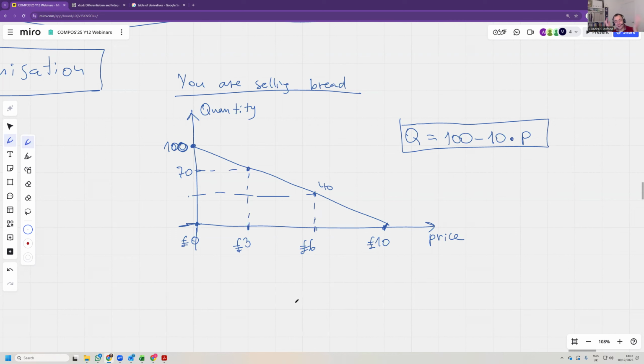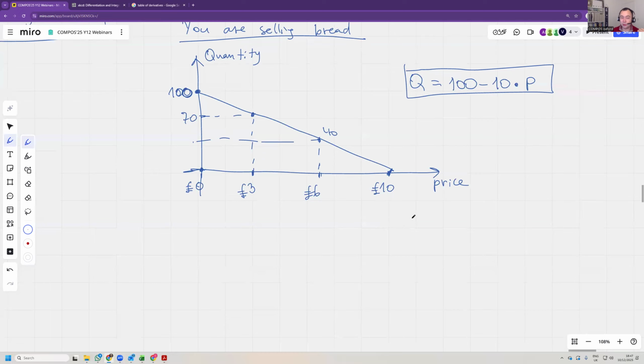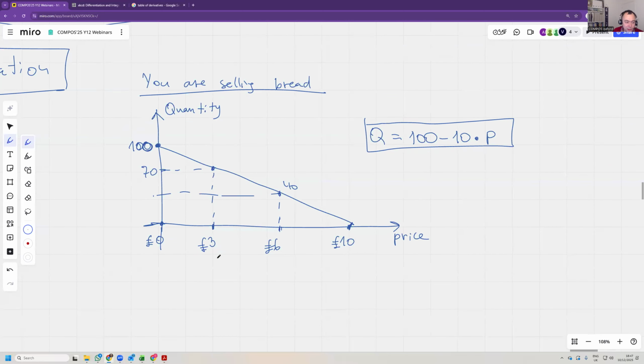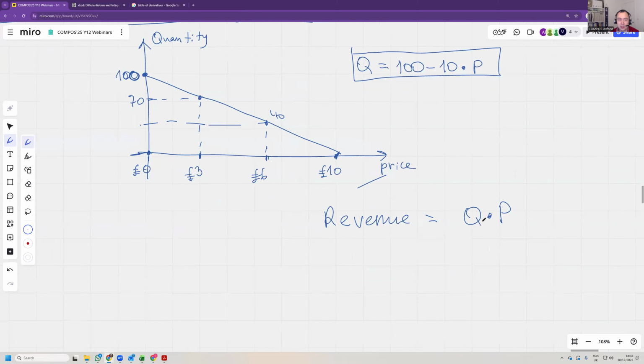Okay, so sorry for the random example, but what about your revenue? Not your profit, obviously, your revenue, because your revenue is how much money you make, which is how much you sell multiplied by the price.